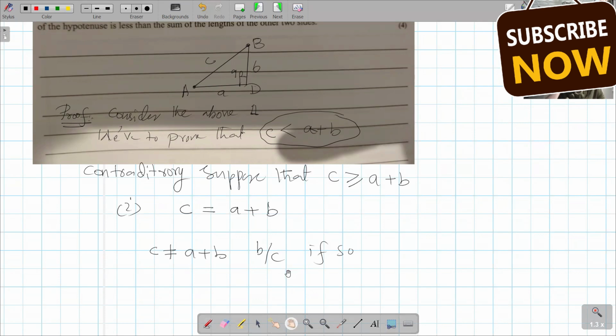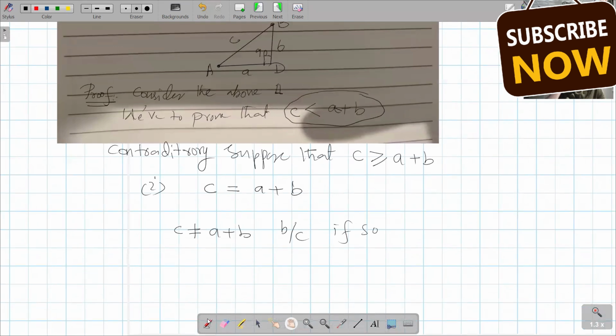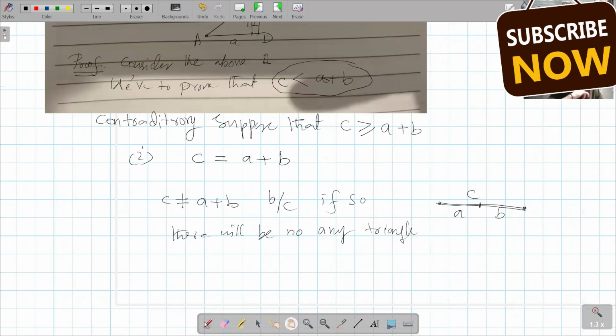So C cannot be equal to A plus B, because in that case there will be no triangle. If C is equal to A plus B, it will be a straight line like this.